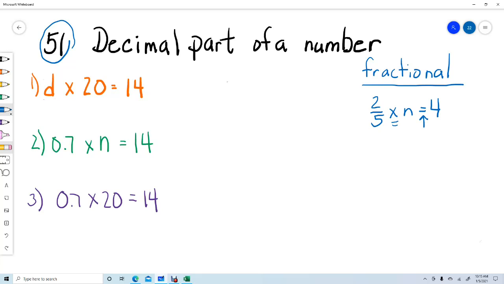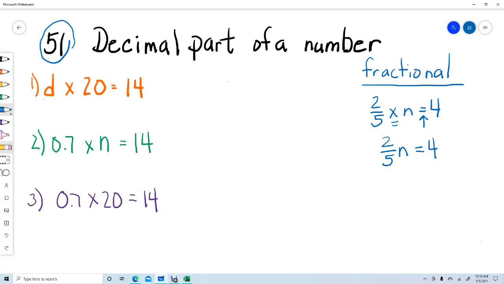So what fraction of a number equals 4, this particular problem would be read 2/5 of what number equals 4. And you would write 2/5 times n equals 4. Then to solve for this, we'd have to remember our multiplication and division rules for equations. I would rewrite this as 2/5, and I'd write the n right next to it to indicate multiplication. Now we have a very classic algebra problem here.